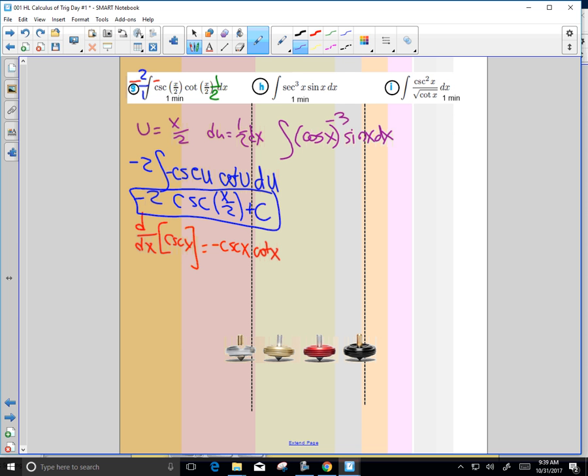Could you take that antiderivative really easy now? Yeah, it's just cosine x to the negative 2 over negative 2 plus c. Or it's just going to be, if you want to call it, secant squared x over negative 2 plus c. Both are fine.